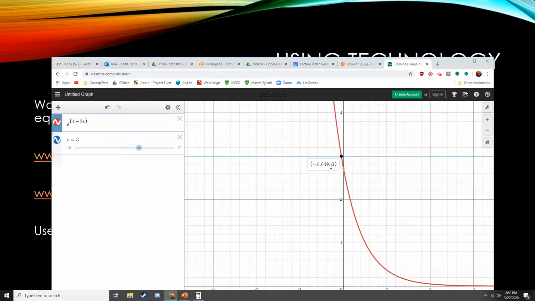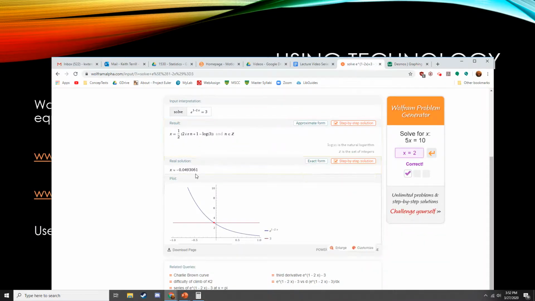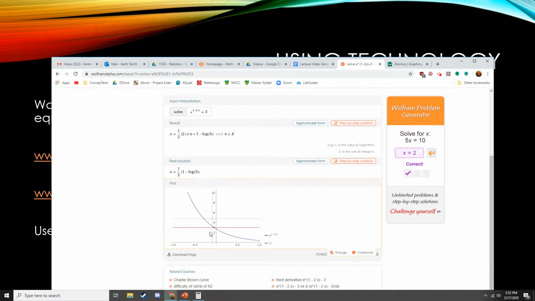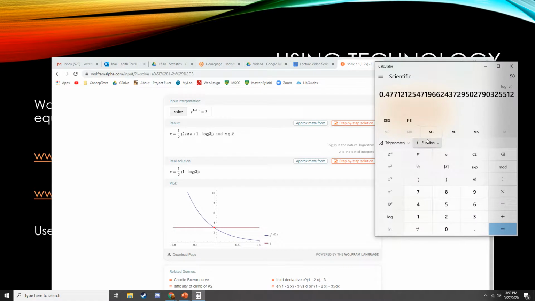That's out to 3 decimal places. Wolfram will give it to you to 6 decimal places. And if you need more precision than that, you will have to use this again. So again, 3 natural log plus 1 over 2, and that is how you get the decimal expansion out to even more places.